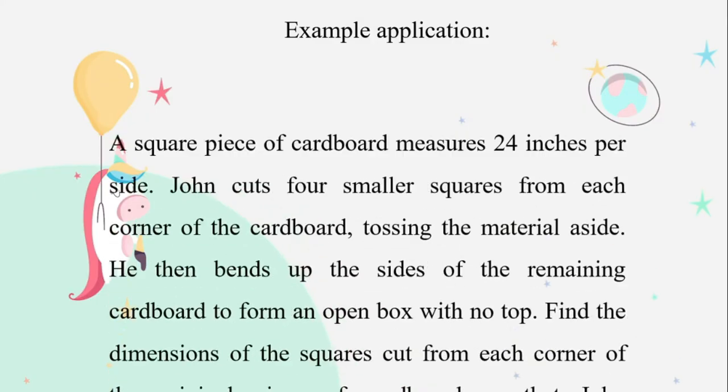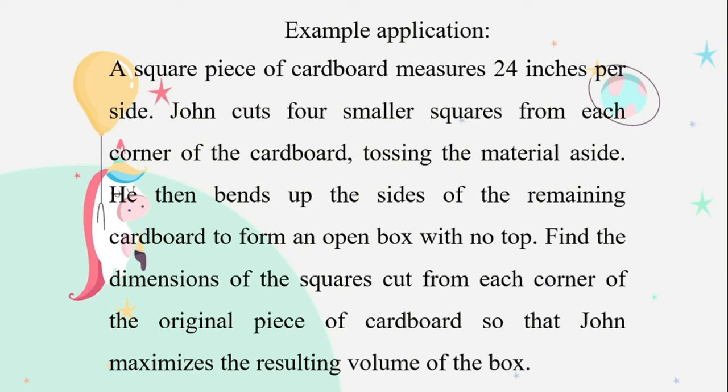Example application. A square piece of cardboard measures 24 inches per side. John cuts four smaller squares from each corner of the cardboard. Tossing the material aside, he then bends up the sides of the remaining cardboard to form an open box with no top.